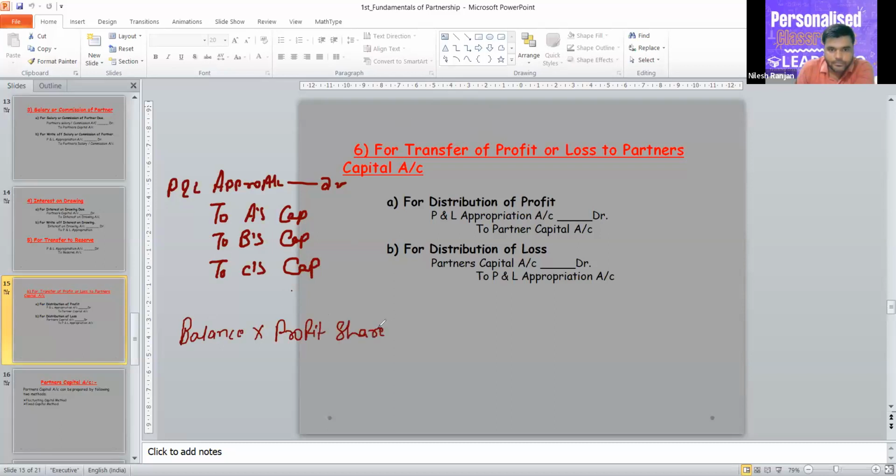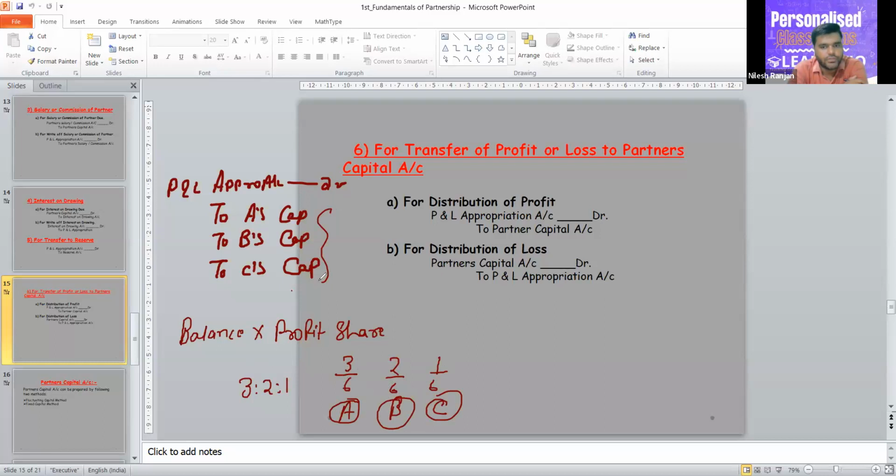If the ratio is 3:2:1, then we multiply by 3/6, then 2/6, then 1/6 for A, B, and C. Then the amount calculated will be written here.